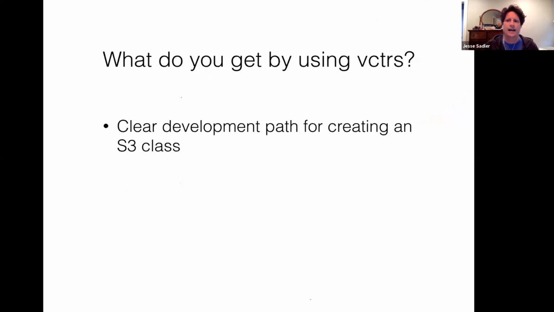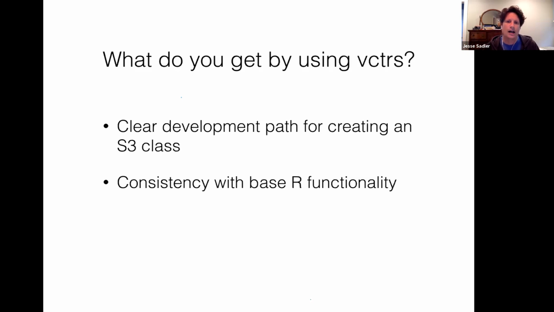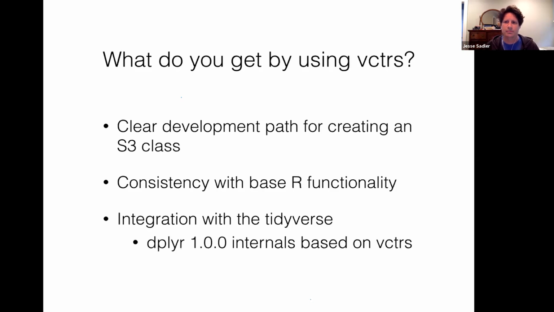And so you don't have to look up all these different generics, all these different methods, and try and figure out what the heck you need to do to create an S3 class that actually does something that you want it to do. It will give you basic consistency with base R functionality because it's just going to be an S3 class. This is what it's meant to do. And it's going to integrate well with the tidyverse, and it's going to be increasingly integrated into the tidyverse.